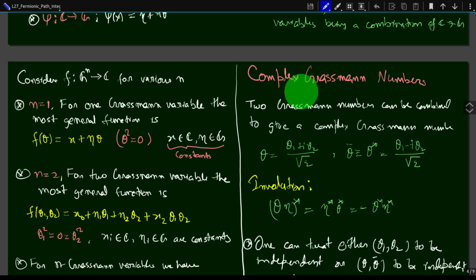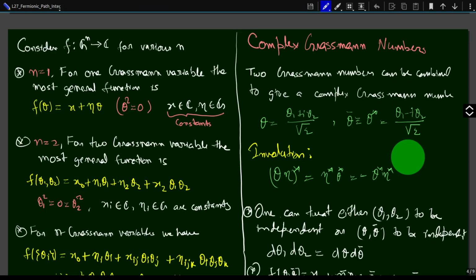Now, as I said, we can also write the complex Grassmann number. Any two Grassmann numbers can be combined to give a complex Grassmann number, much like the case of real numbers. So theta is (theta 1 plus i theta 2) by root 2, and theta bar, which is defined as theta star, is (theta 1 minus i theta 2) by root 2, the complex conjugate of this.